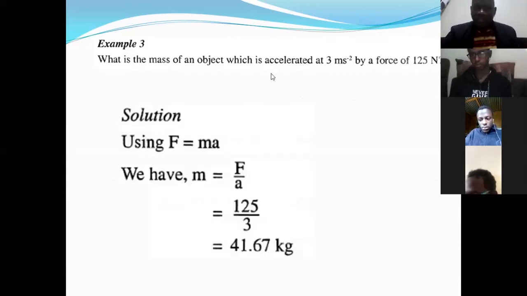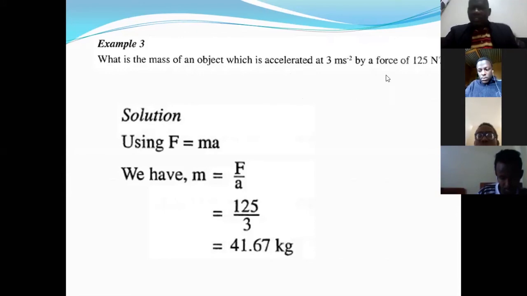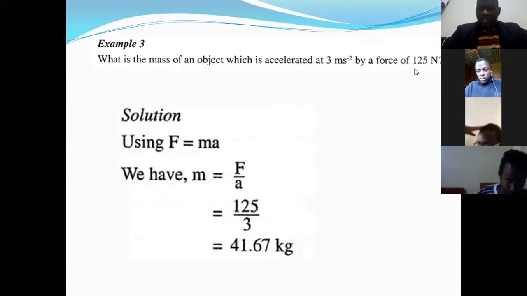So whoever has wanted us to go back to the previous question, we are simply using the formula F is equal to ma. So you can see the force is given, 125 newtons. Then acceleration is given. So we are looking for the mass.